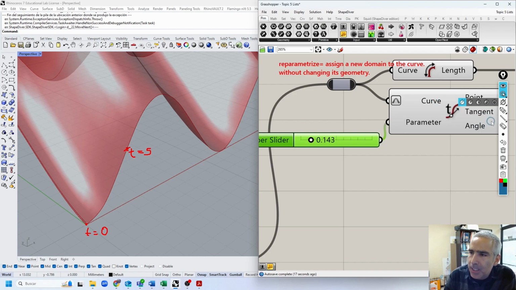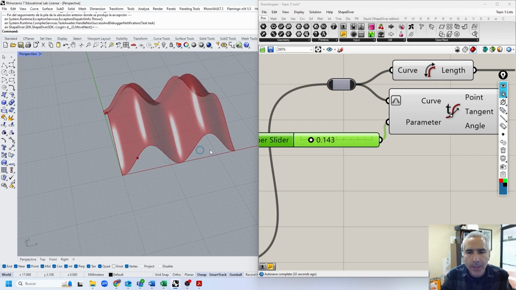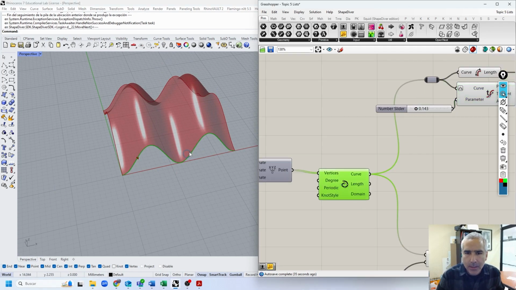What reparametrize means is that it's assigning a new domain to the curve, and that domain will go from 0 to 1. What that means is that if I look at the whole curve, when you reparametrize a curve, the start point of the curve will be t equals 0, and the end point will be t equals 1. And everything in between will be a floating point number, a decimal number.